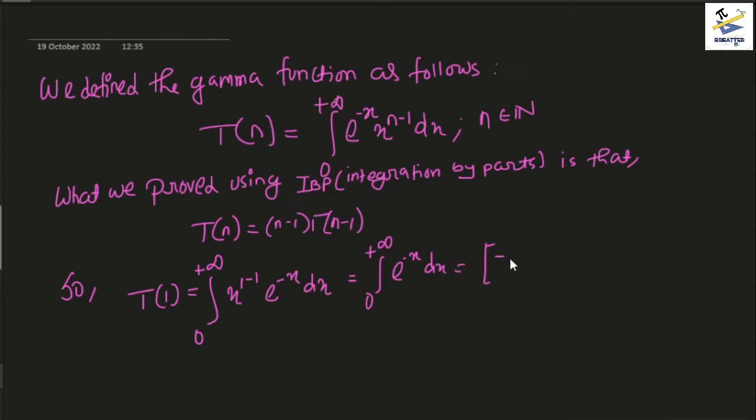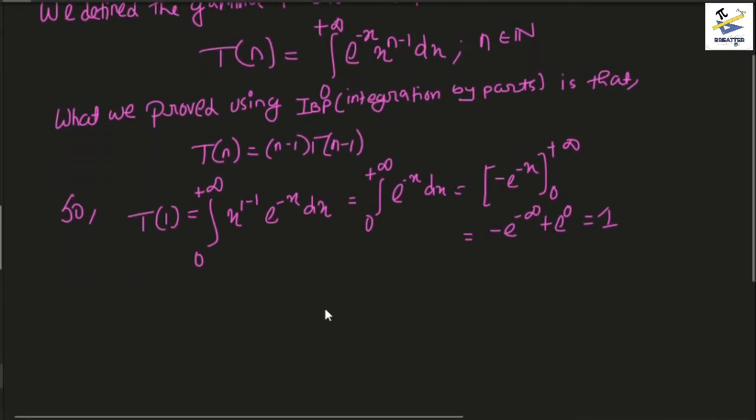Now if we evaluate the antiderivative of e to the power minus x, which is minus e to the power minus x, from 0 to positive infinity, it will be minus e to the power minus infinity plus e to the power 0, which is just 1, because e to the power minus infinity is just 0. Okay, so this is gamma of 1.